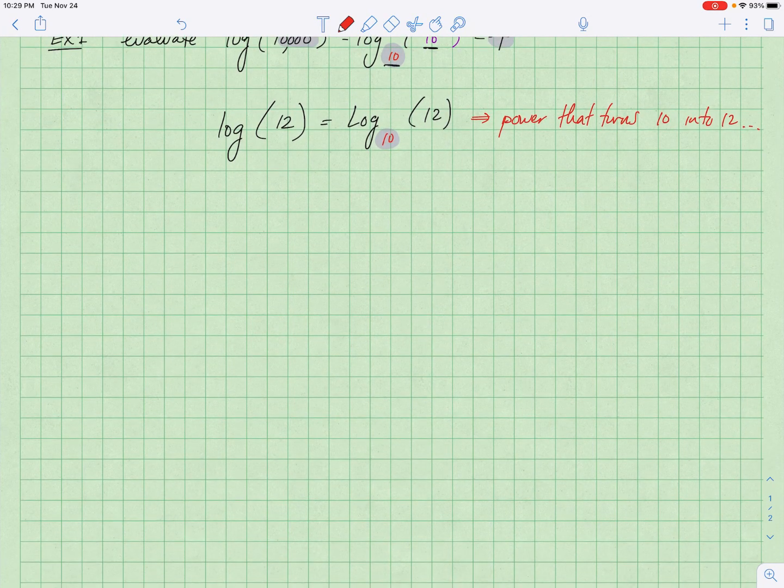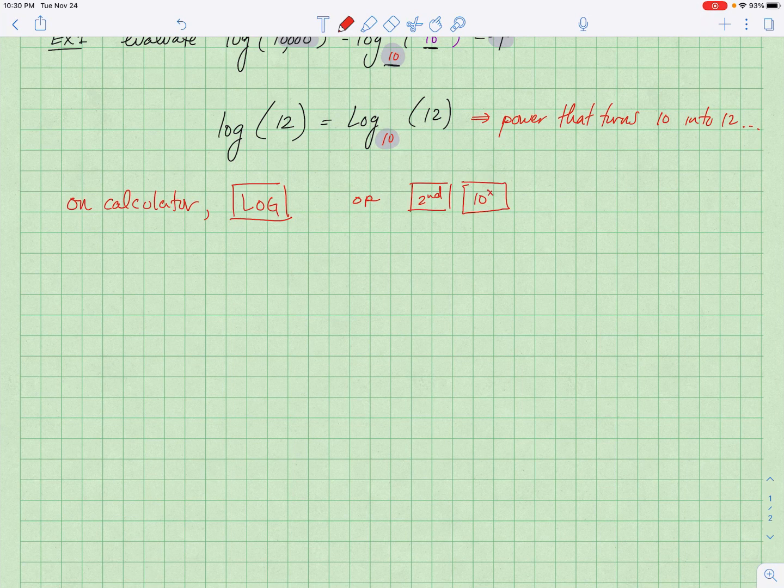However, we can actually use our calculator. On your calculator, you should be able to find a log button, L-O-G. Try to find that now. It might be a secondary feature. You might have to do the second or inverse button, and then something like 10 to the x, depending upon what kind of calculator you have.